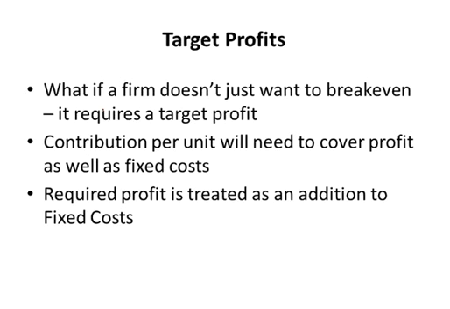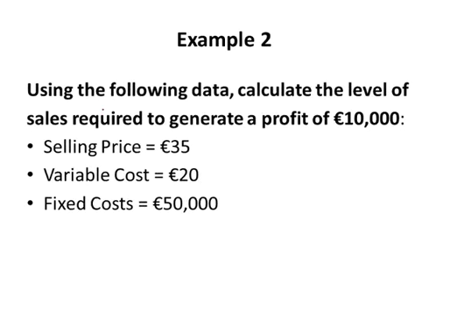What if a firm doesn't just want to break even, it requires a target profit? So how do we find that out? Contribution per unit will need to cover profit as well as the fixed cost. Required profit is treated as an addition to the fixed cost, and here is an example. Calculate the level of sales required to generate a profit of 10,000.